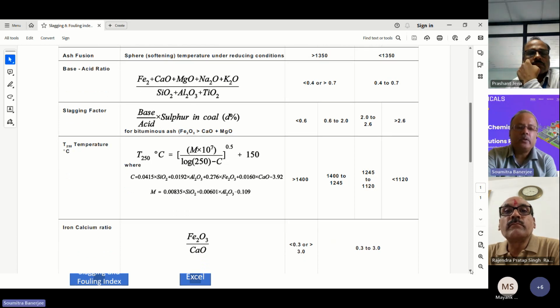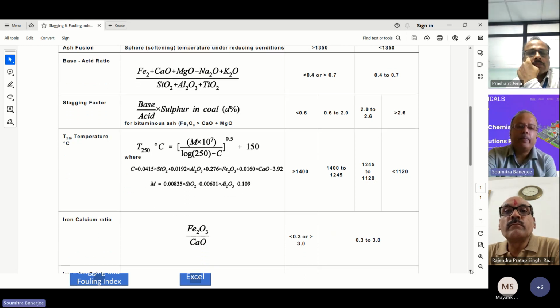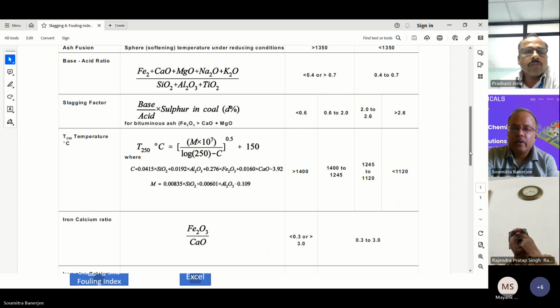Similarly, the temperature T250 is M. The formula is given there: 0.00835 into silica plus 0.00601 into alumina minus 0.109. These are the few things which you need to put in the Excel sheet, and you will be able to find the propensity of your coal.